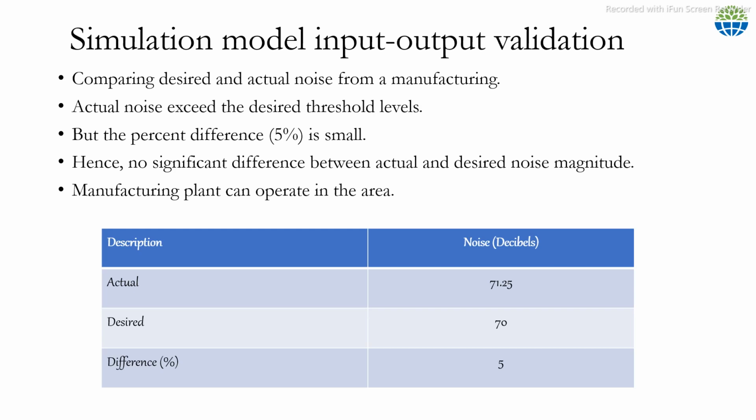That means up to 5% is acceptable, because there is no significant difference between the actual and desired noise. But if it is more than 5%, then there is some problem with the data which is listed, or with the machinery. Then you have to repair your machinery, or check with the manual mentioned by the company.